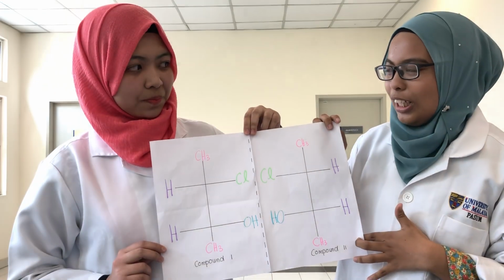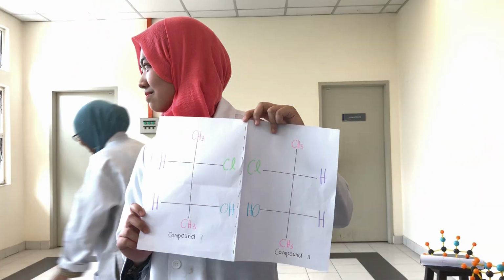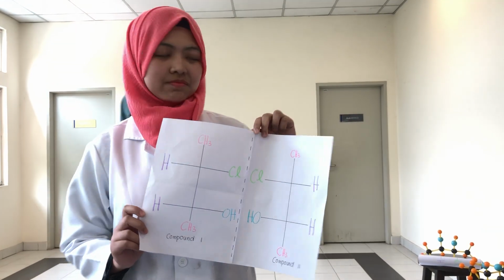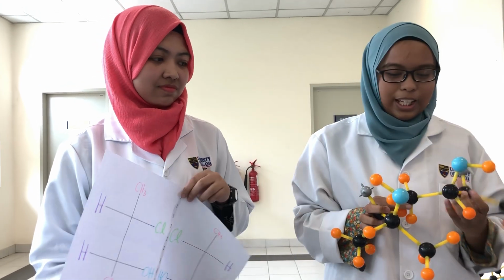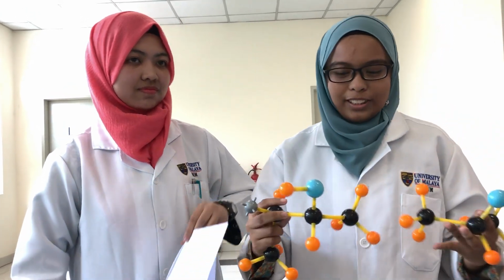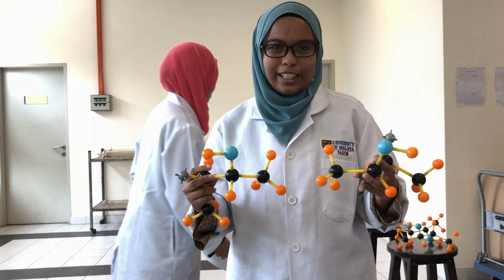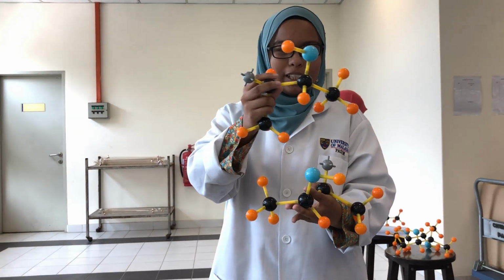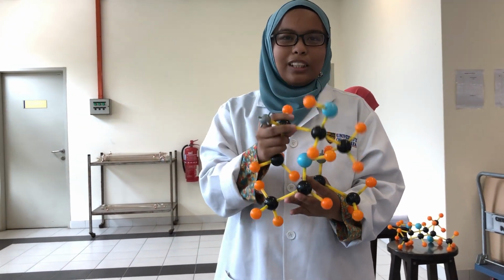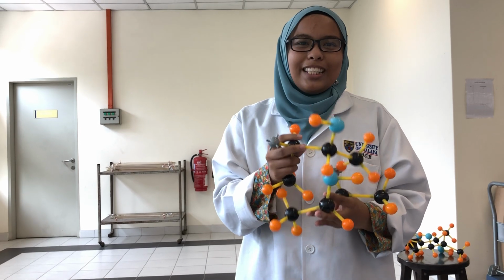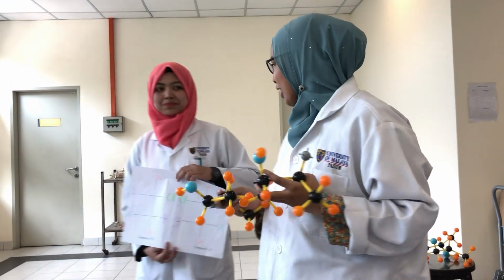We have constructed the molecule for this structure. As you can see, the molecules are mirror images of each other, so if we stack them together, they will not overlap because it is chiral.